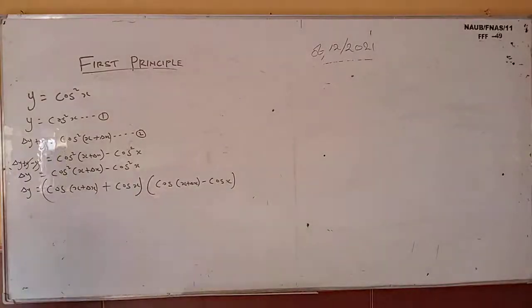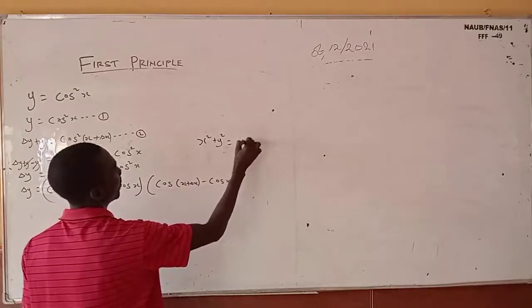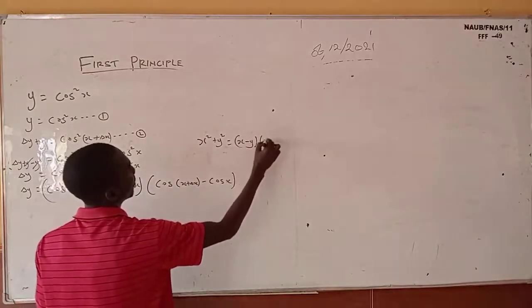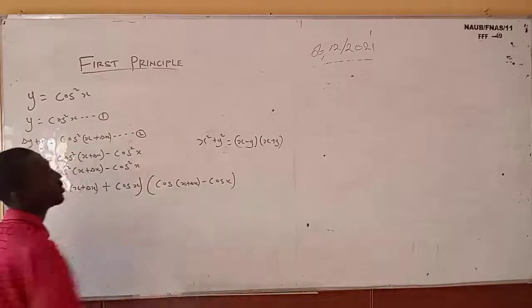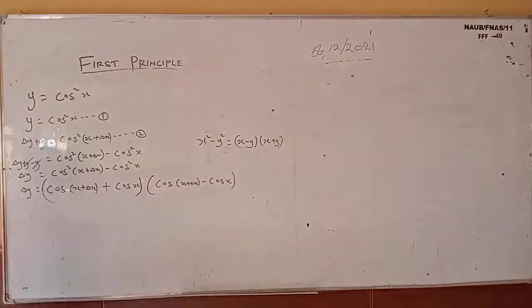I hope you get this, because x squared minus y squared is equal to x minus y into x plus y. I hope you still recall this. You get that, difference of 2 squares.